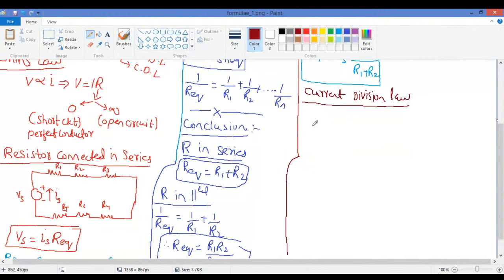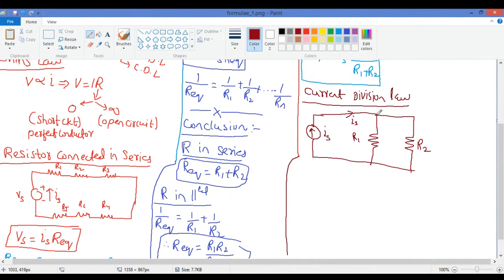Suppose I have a circuit in which resistances are connected in parallel, and I have a source. This is R1 and this is R2, and this is the current Is.